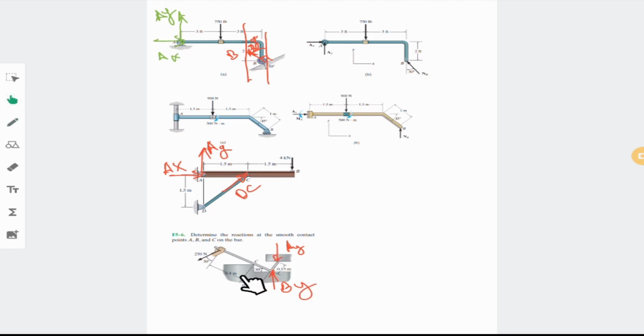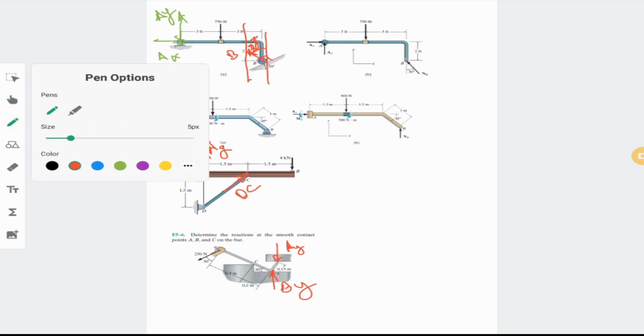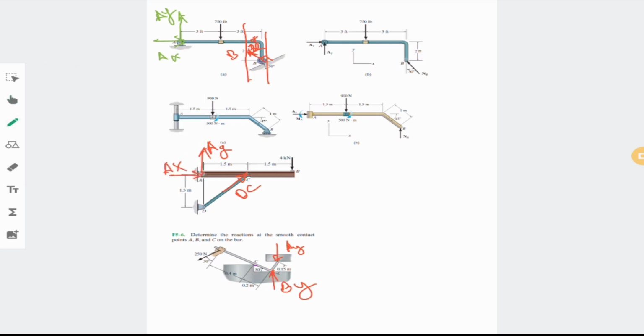The trickiest one may be C. In C, if you just consider a portion of this, you can slide in this direction. It does not prevent you. But you cannot slide in this direction. You cannot do motion in this direction. That's why what you would have is exactly this, and this is what you get in point C. And you have three unknowns, three equations, and you can solve this problem.